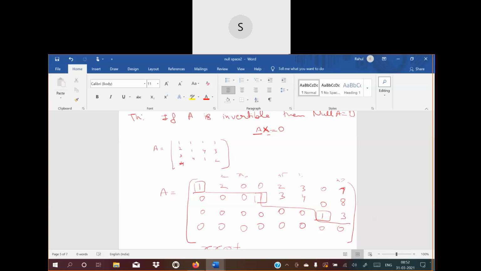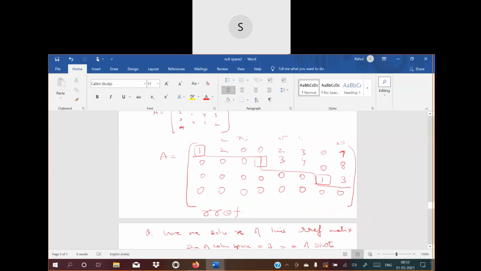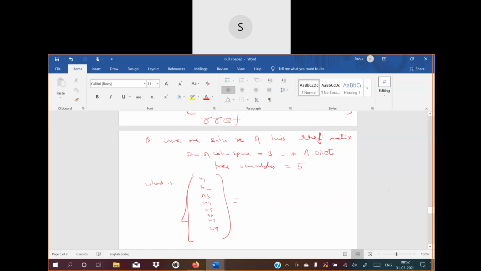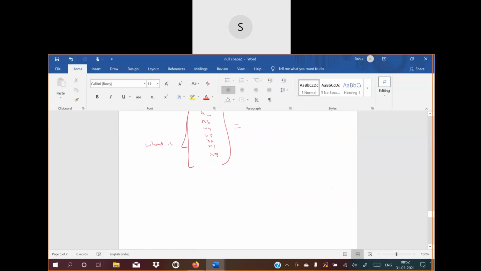When I say give me the solution space, basically the null space, its nullity or dimension is 5, because we have 5 free variables. So you have to give me 5 vectors which will form the basis, because they are linearly independent.